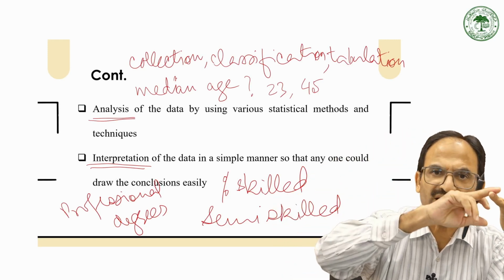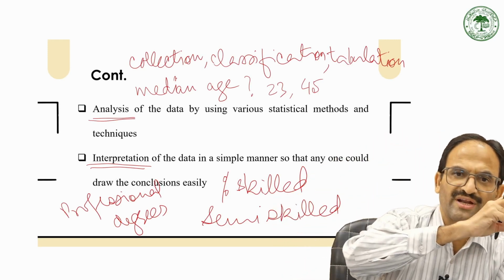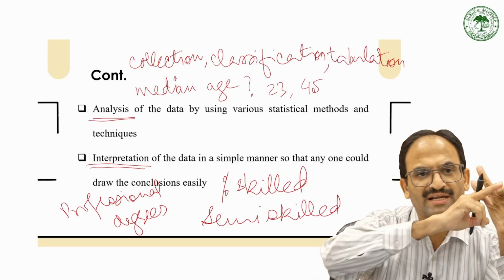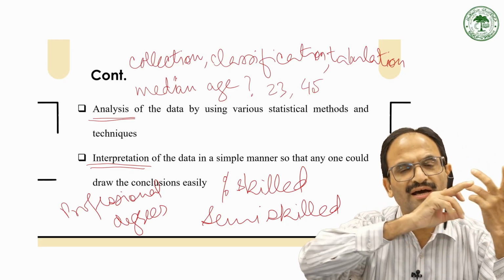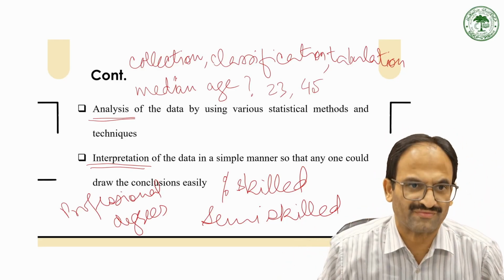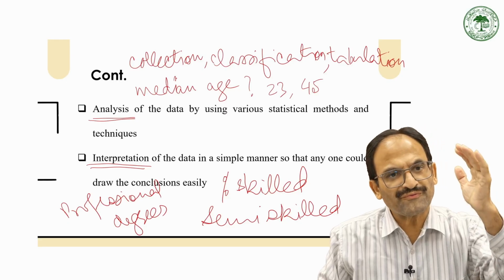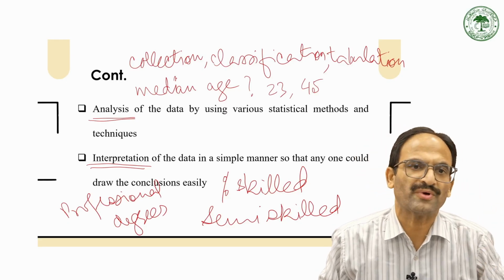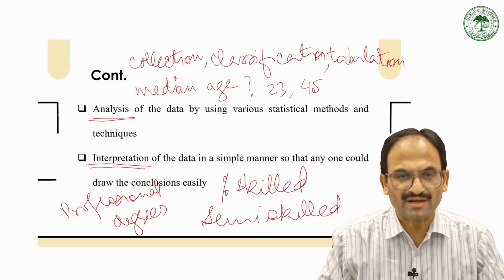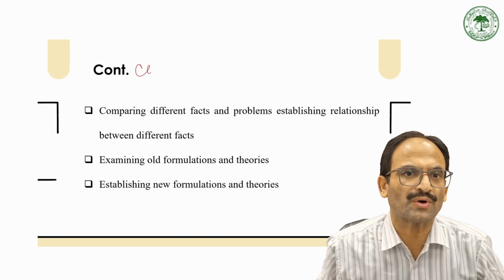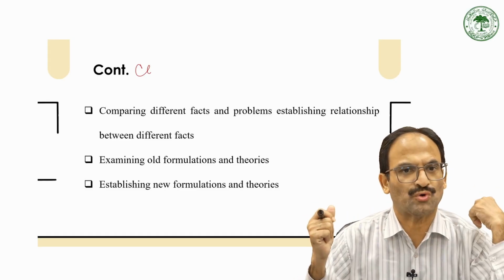So collection of data, classification of data, tabulation of the data, analysis of the data, and interpretation of the data. So from first scope to fifth scope we have reached. Let's talk about some more scope.